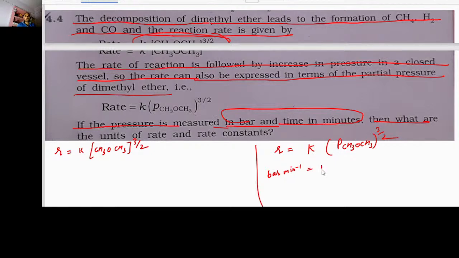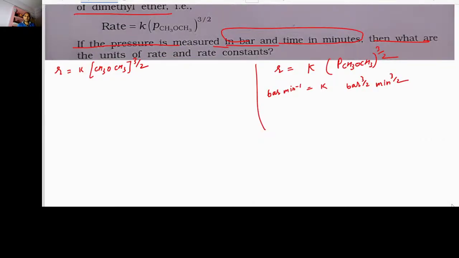So k, what will be this side, student? So 3 by 2 is there, so it will be again bar power 3 by 2 and minute power 3 by 2. So k, you go and calculate the k. So k, you rearrange this one.